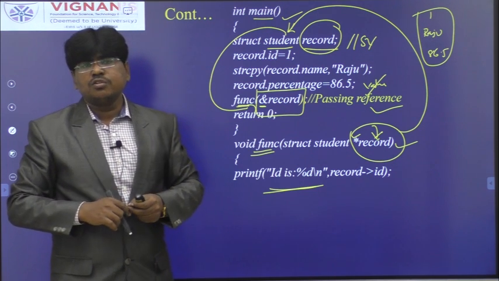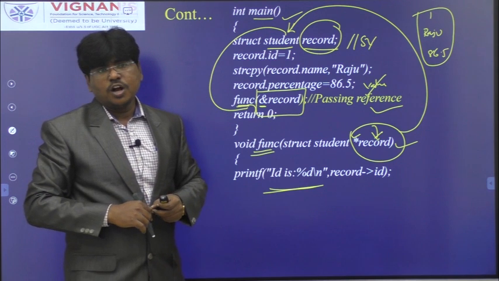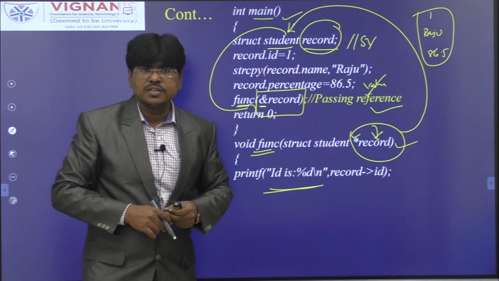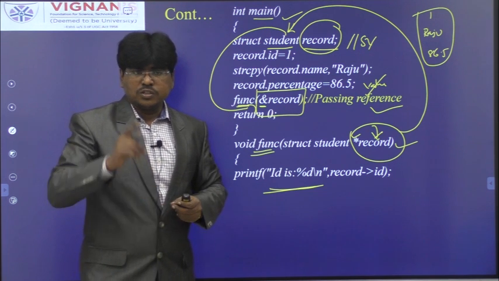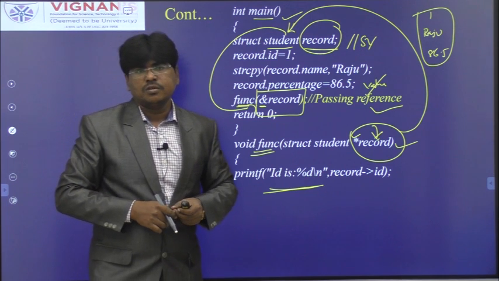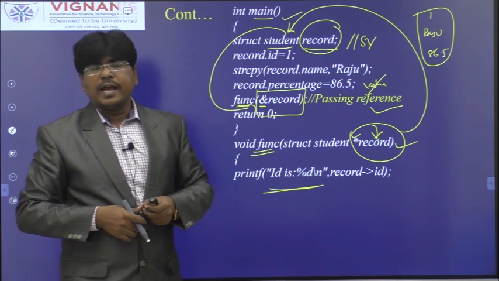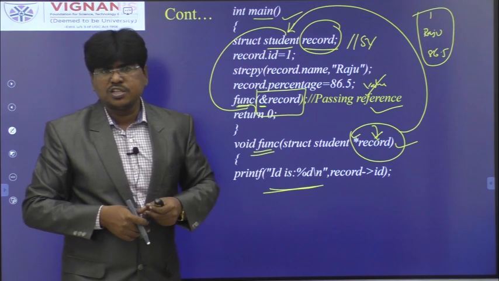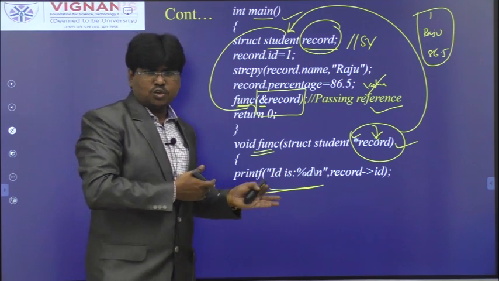The arrow operator, or another combination I told you in the previous session. Tell me friends, what is that? Very good, that is nothing but dot along with star, the indirection operator with asterisk, but we have to use it in parentheses. That is a disadvantage that we have already discussed. So it is better to use the arrow operator.